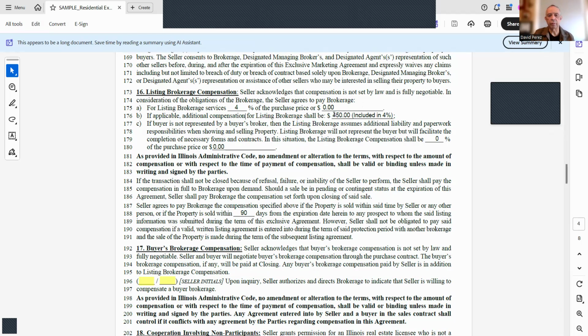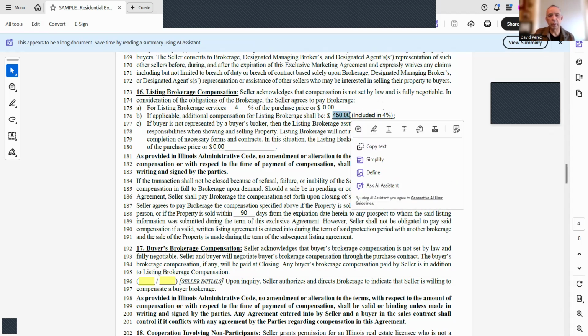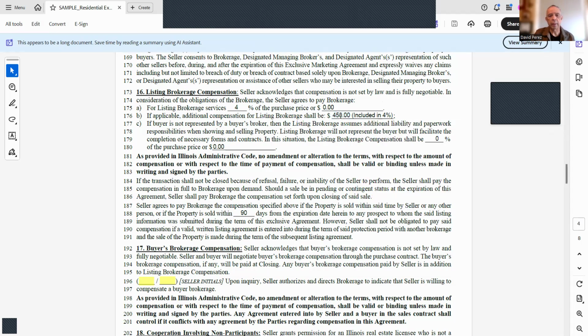Here you'll see I put $450. It's usually a transaction fee that needs to be paid by the seller side, and this is usually taken out of the buyer's compensation.